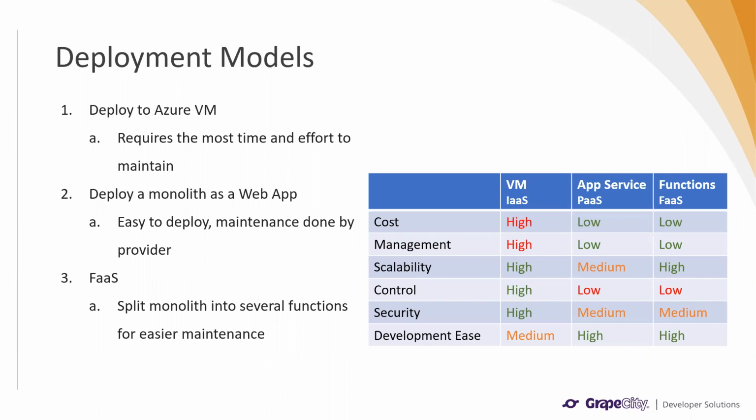As far as the VMs go, like I mentioned, they are more expensive in comparison to the app service. But the app service might have some constraints in comparison to, for example, the Azure VM in terms of scalability. At the same time, VMs will give you more control over the environment.